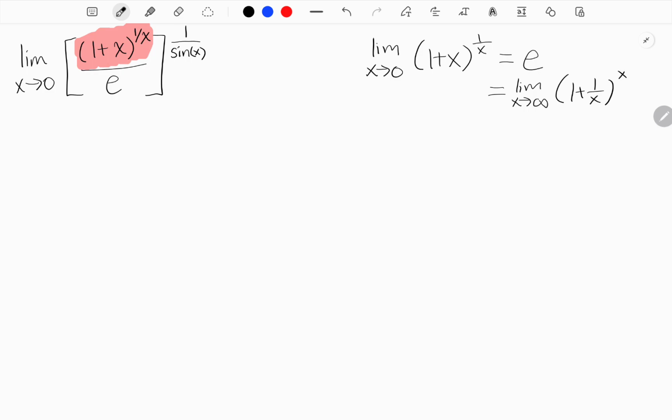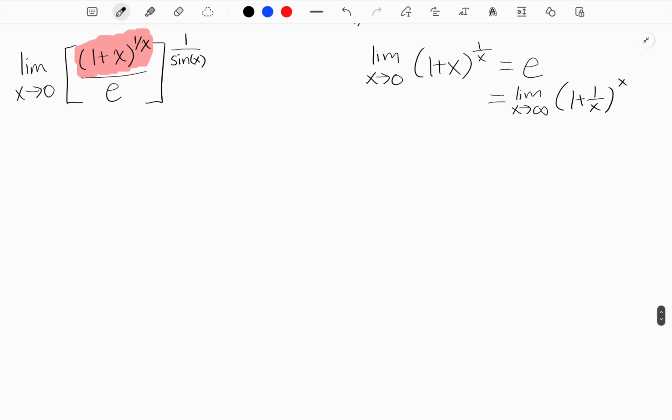This is how e is defined, and there are many examples online on why this limit is equal to e, because of continuous compound interest, but I won't get into that here. The main focus is that we know this is equal to e, okay?